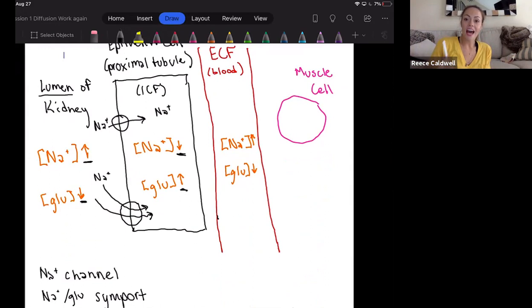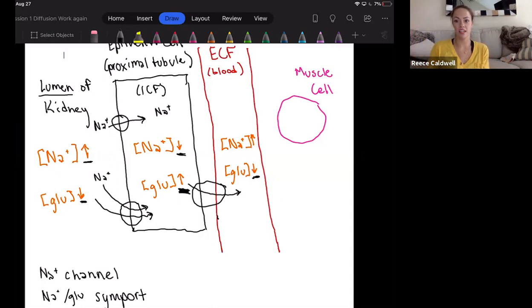So when looking at glucose, we see that it can easily move with its concentration gradient, from an area of high to low. So glucose can move through that channel from high to low concentration via facilitated diffusion.